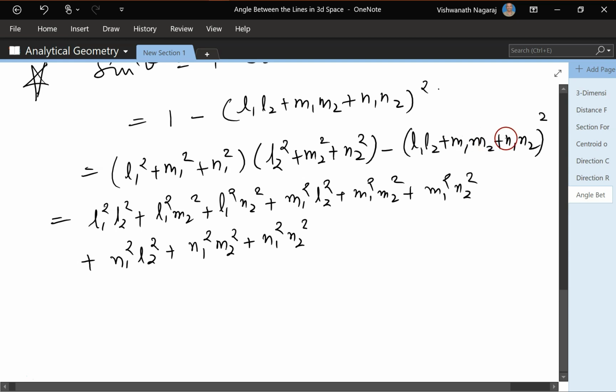Now when we expand the square, every term in this result would be negative.